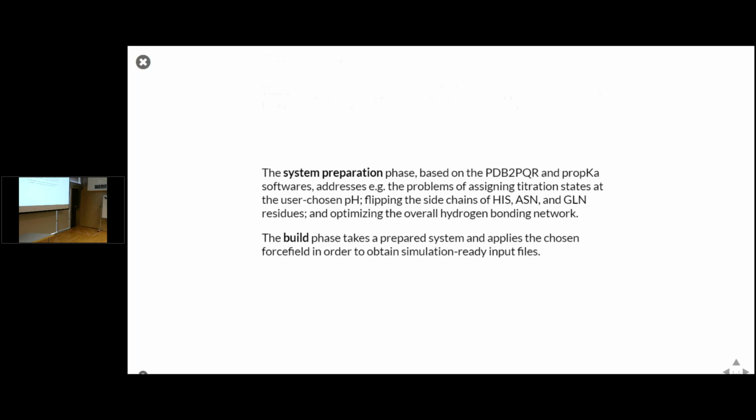It's composed of the actual system preparation part, which means taking a system from the PDB database and then assigning titration states to residues, flipping the residues to optimize their hydrogen bonding network, adding hydrogens, of course, and from there obtaining a system which can be passed to the proper build phase, which means creating files which are executable by the simulation engine.